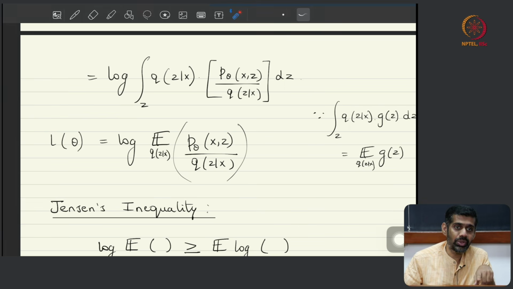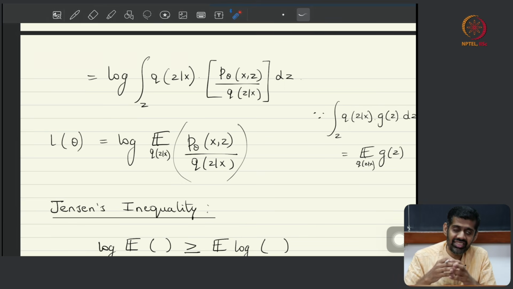Remember, last class I told you that there is this entire branch of calculus called variational calculus, which deals with the question of how you optimize or find an optimal function inside an integral. How do you solve optimization problems with respect to functions? We know how to differentiate with respect to variables, but we do not know how to differentiate with respect to functions. So you need the Euler-Lagrange equations and so on, right.